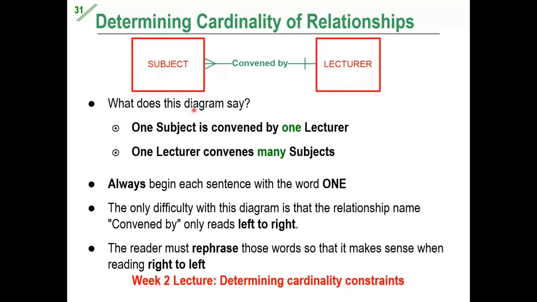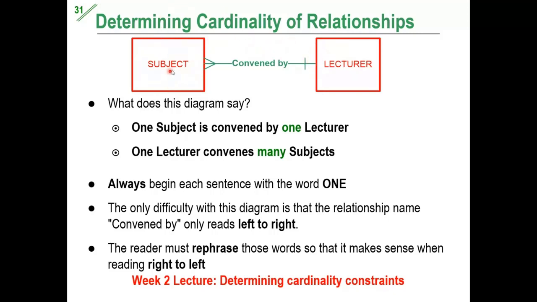Now remember, as I mentioned before, the cardinalities between the objects have to be expressed in both directions, left to right, right to left. And always start with one. Don't think about what comes before that. Just start with one subject convened by one lecturer.